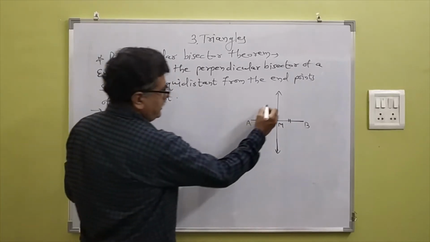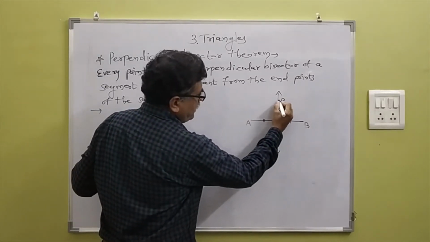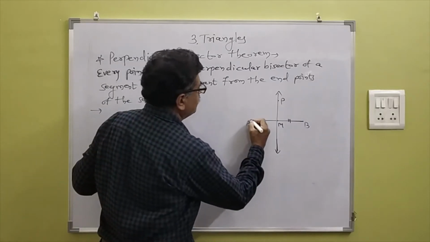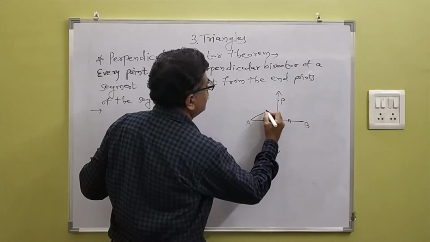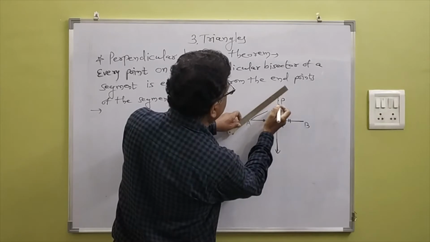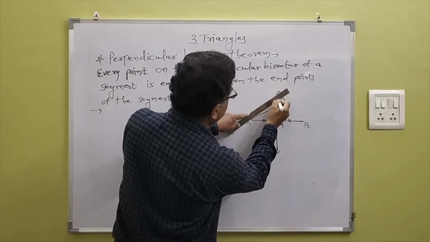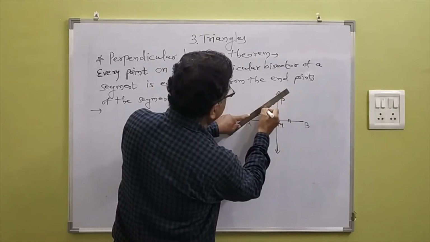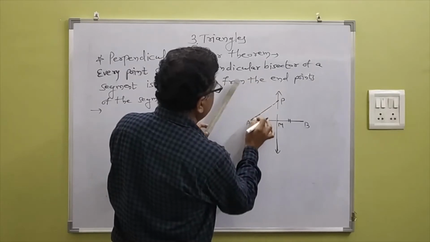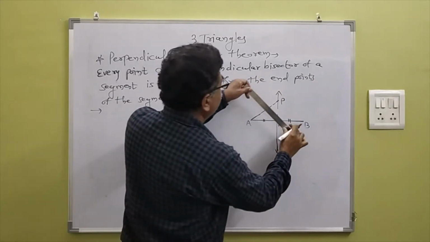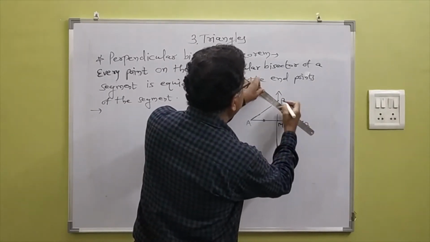Now we take any point, suppose P point here. Now draw AP and BP.